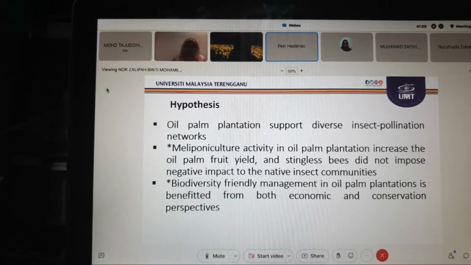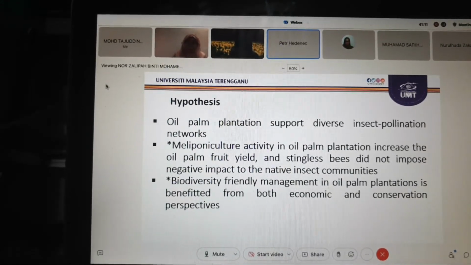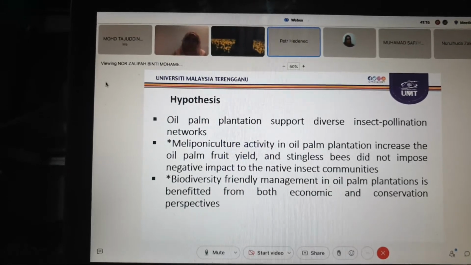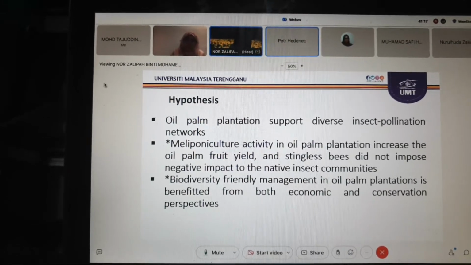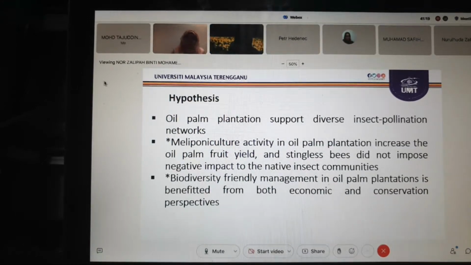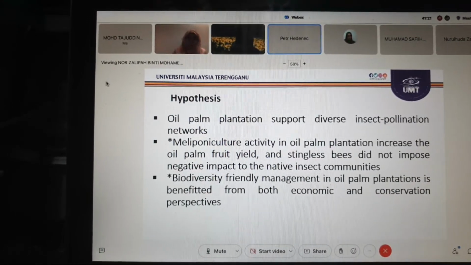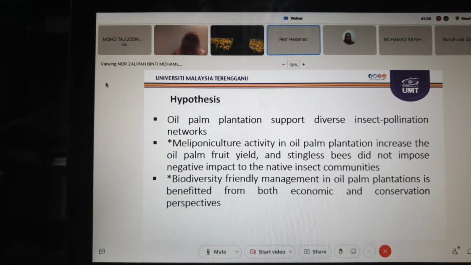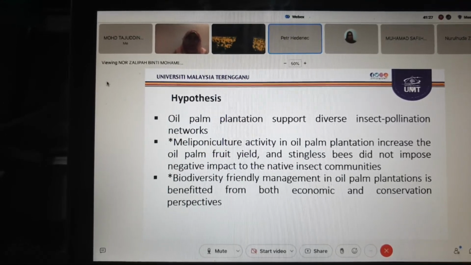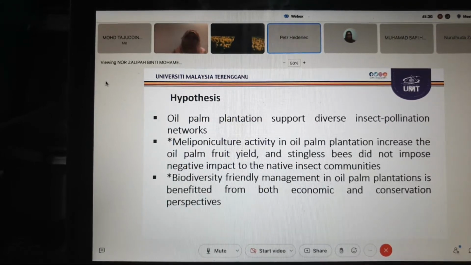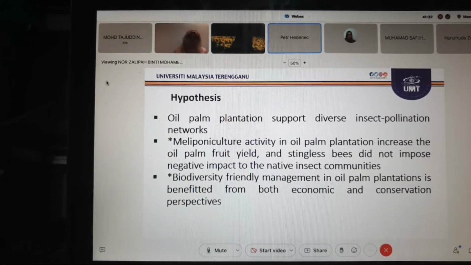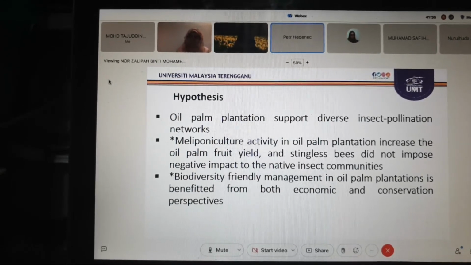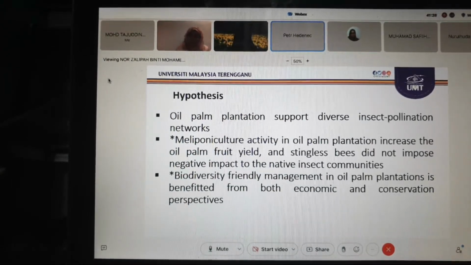But it's just an additional benefit, not the main one. These are supporting services. So the larvae of some pollinators from Diptera are involved in the decomposition of plant residuals and organic matter in soil.